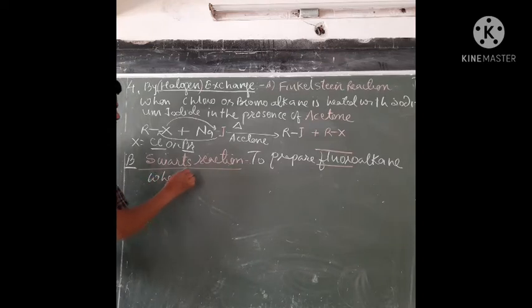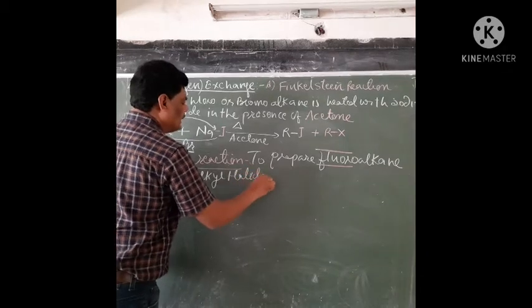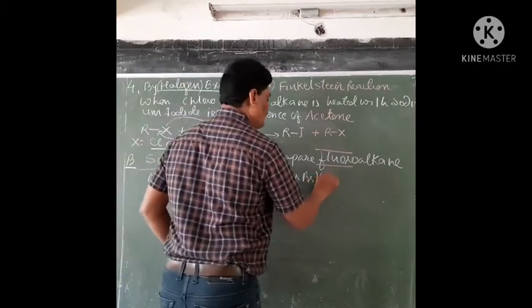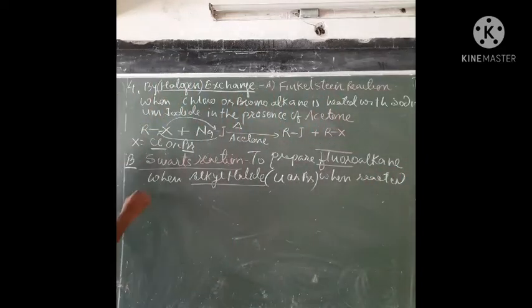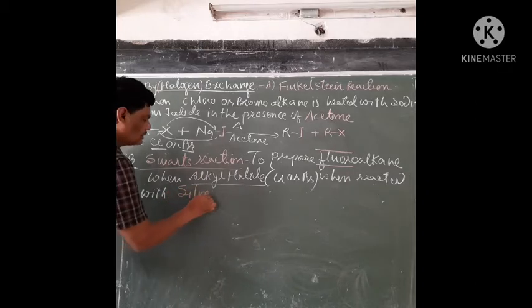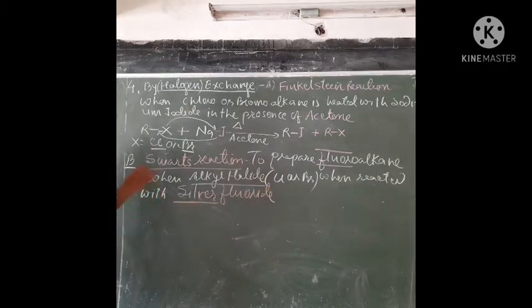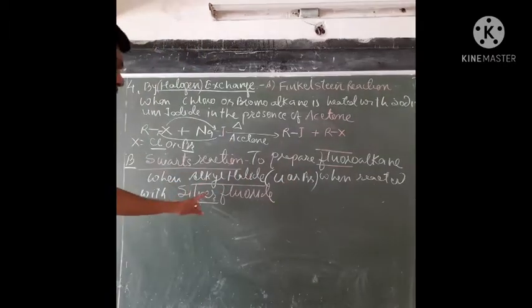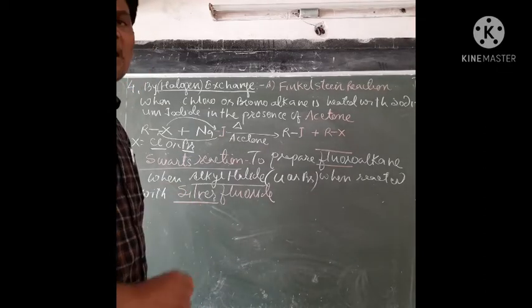When alkyl halide, now this alkyl halide may be what? Cl or Br. Okay, when reacted with silver fluoride. Look here, a metal is there, silver metal is there, but if it attaches with the silver metal, then its reactivity gets reduced because some covalent bond character is formed here.